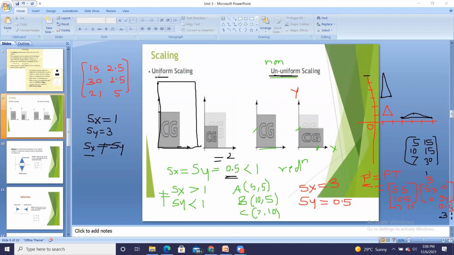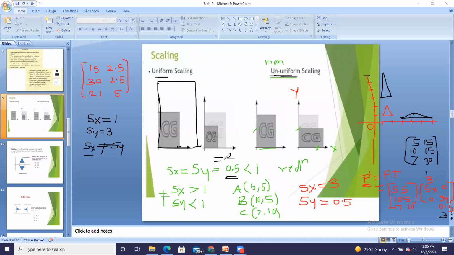Now, what is uniform scaling? Uniform means the object should increase its size along x-axis and along y-axis both. जर दिलेला ऑब्जेक्ट मला एक्सपांड करायचा आहे हॉरिझॉन्टली पण आणि व्हर्टिकली पण, then I will say Sx and Sy equal to 2. Original object हा बॉक्स आहे आणि new object is this outer box.